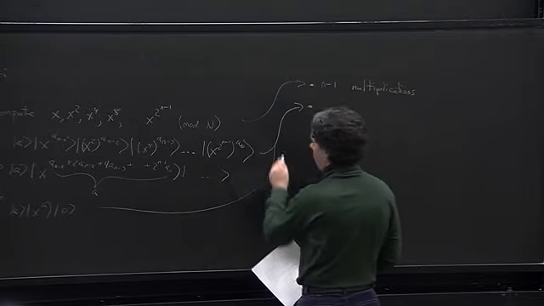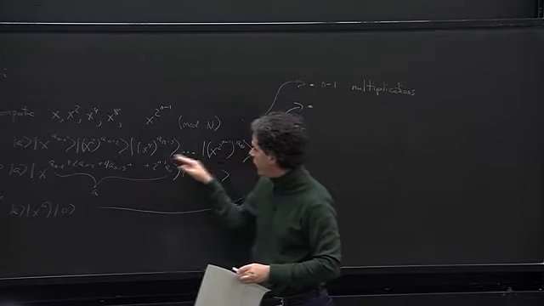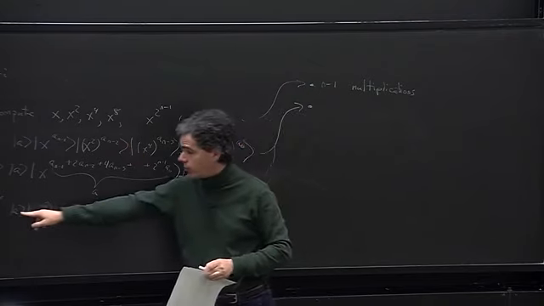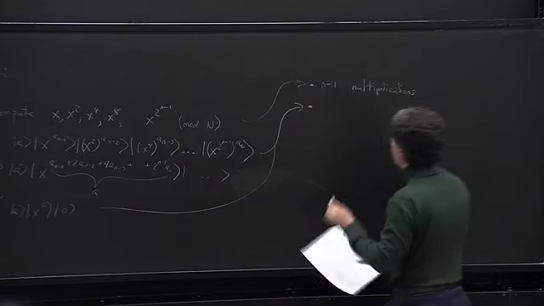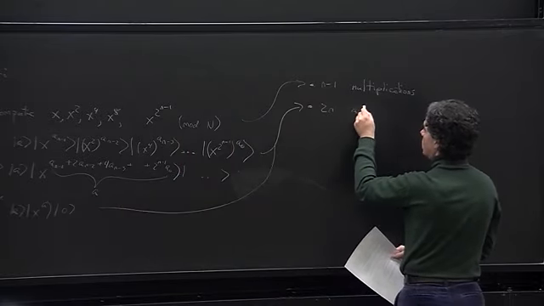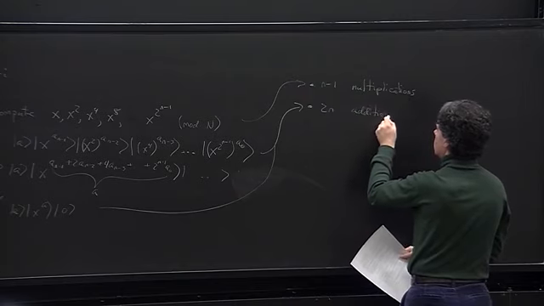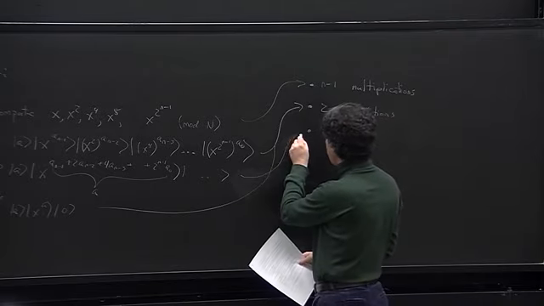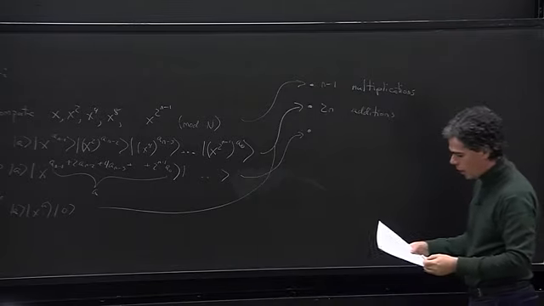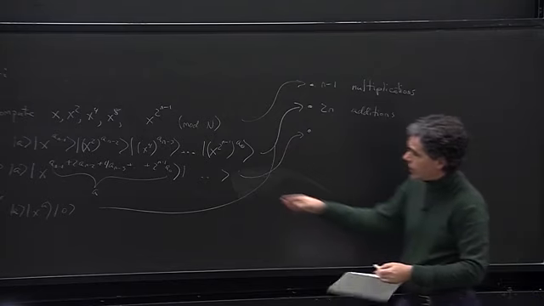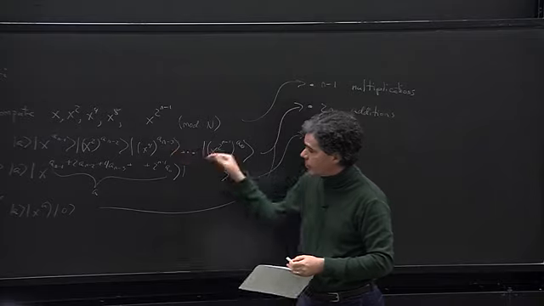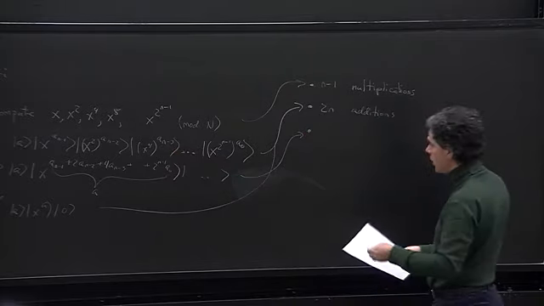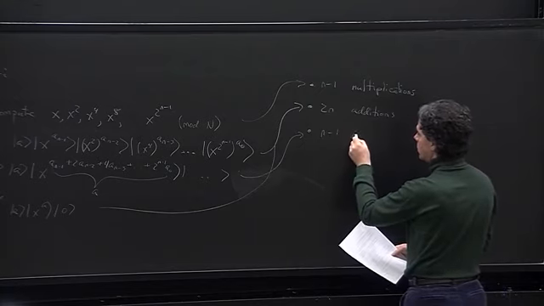So there's little n of these additions, and then we have to do them again to uncompute. So that's 2n additions. And then this step here, we're multiplying n things together to get this, right? So that's n minus 1 multiplications.